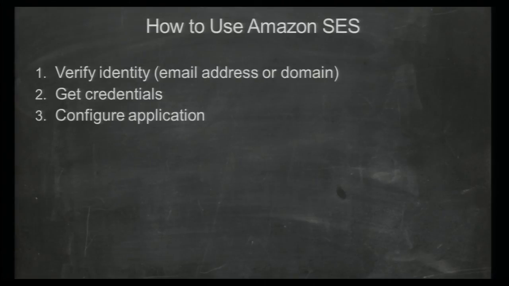If you're using HTTP, you need to get AWS credentials, and preferably use an IAM user to access it. And finally, once you've got SES set up, configure your application, and you're good to go. It's 3 simple steps. You do it once, and your application is set up, and you can start sending email now. So let me actually switch over.